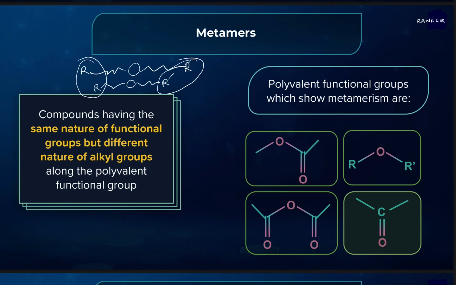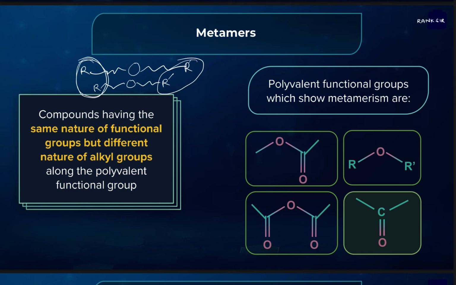If this is present, then this shows the metamers. If on any one side the alkyl group is the same, for example these are same and these are different, then it does not show metamers. Compulsorily both sides different alkyl groups are required. Then only it shows metamerism.